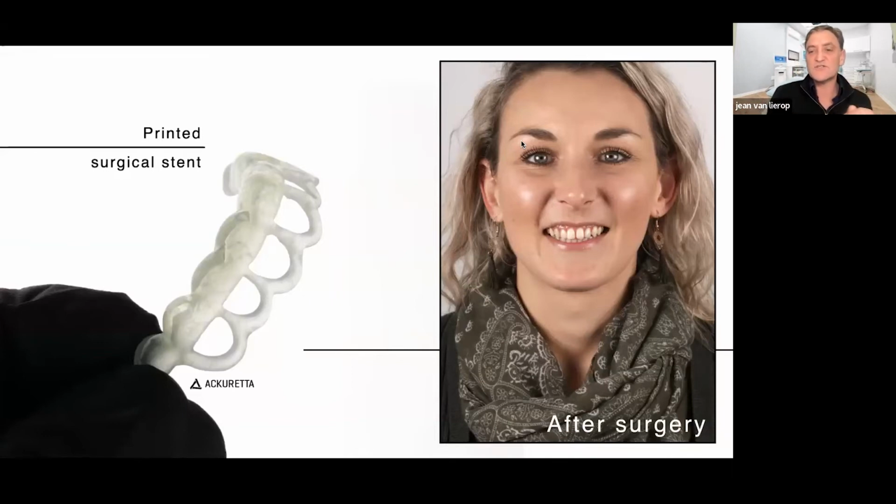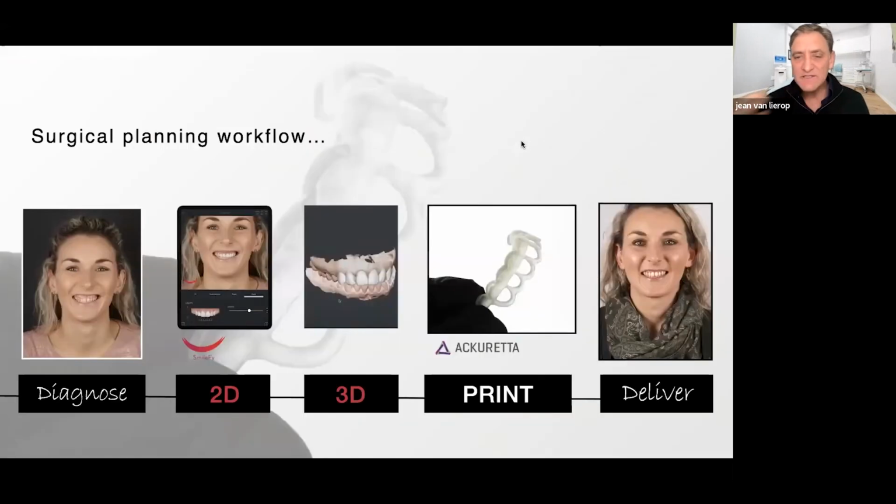So the printed surgical guide is based upon the two-dimensional design, which my laboratory then takes, converts three-dimensionally, and prints a beautiful guide for me. From that, I now have the next phase of my treatment. I can now build and restore the restoration or the smile that I want to create in my new soft tissue profile.